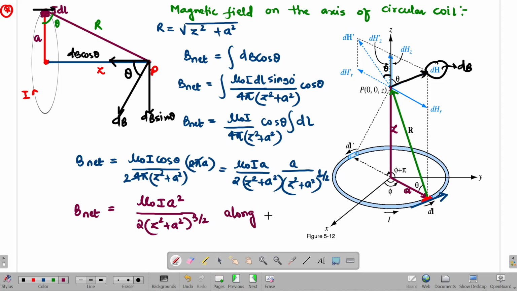And that is along which direction? Look over here, this is the z axis. So it is parallel to the x axis or not? So along the axis. Are you able to get me? Is that clear?